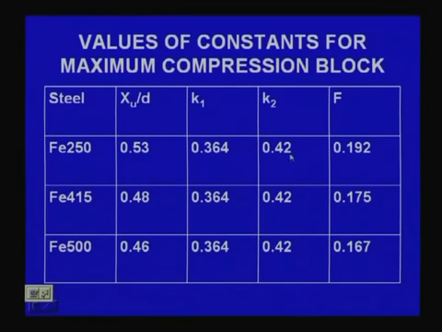Similarly K2 also same 0.42 for all the cases, and F is 0.192, 0.175 and 0.167. For different steel we are getting different limiting value. At least we should note down 0.175.